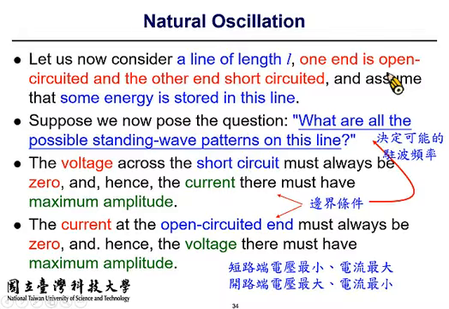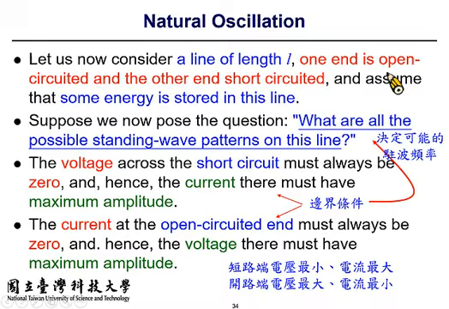So the question is, what are all the possible standing wave patterns that can appear on this transmission line? So you need to identify the boundary condition, because one end is short-circuited and the other is open circuit.